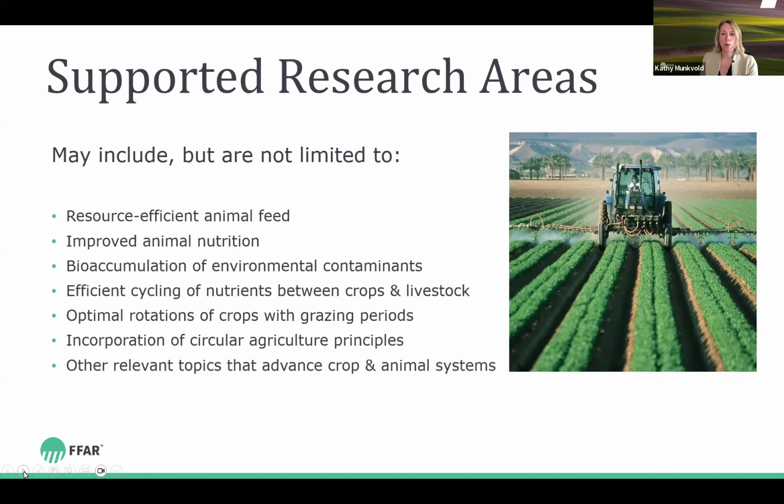And finally, the incorporation of circular agricultural principles in general. So again, these are just some ideas, and we're really looking forward to the creativity that exists out there in the scientific community to bring to this larger topic.